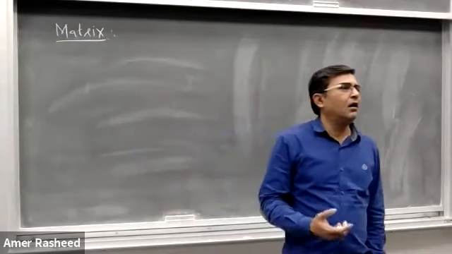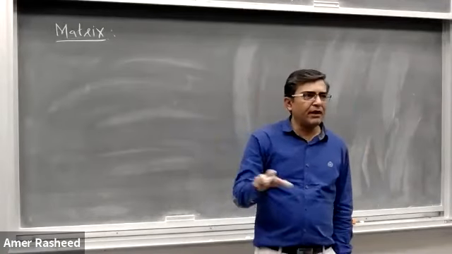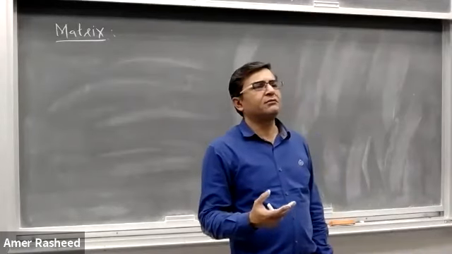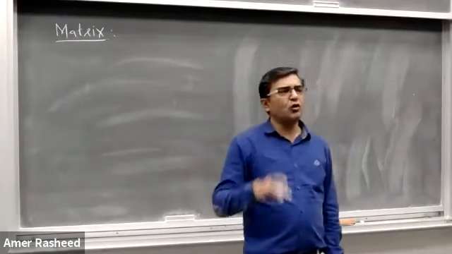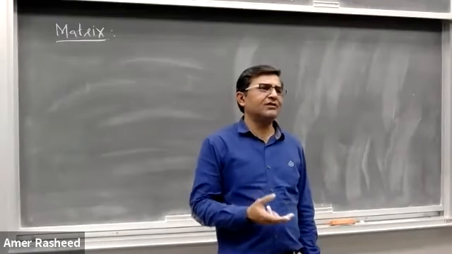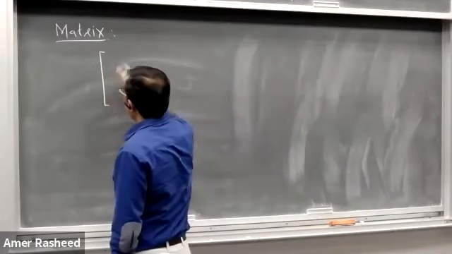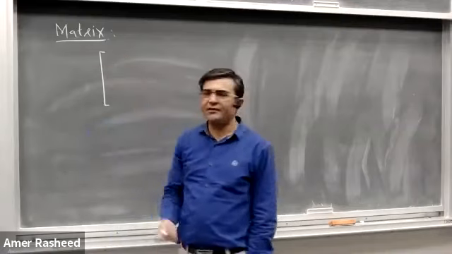So a matrix is a rectangular array which has constant values. For the time being, you can say that there are constant values in the matrix. There might be some variables, there might be complex numbers as well. But this is basically a first course of linear algebra, so you can take a matrix as a rectangular array having real numbers as entries.